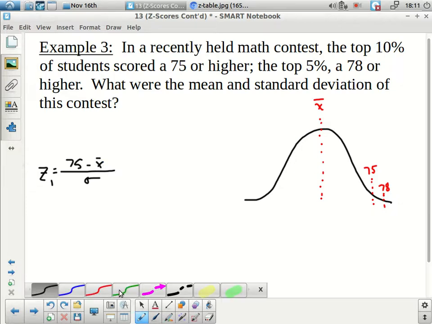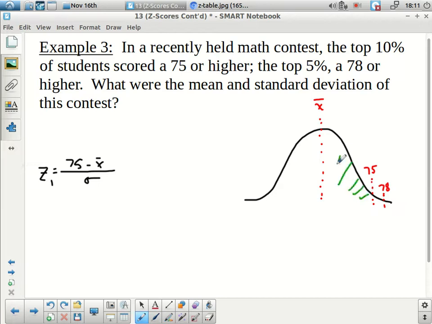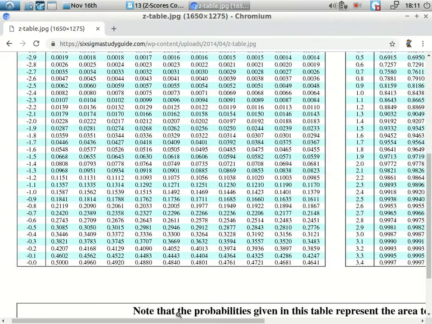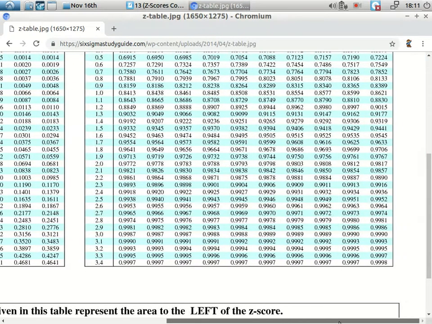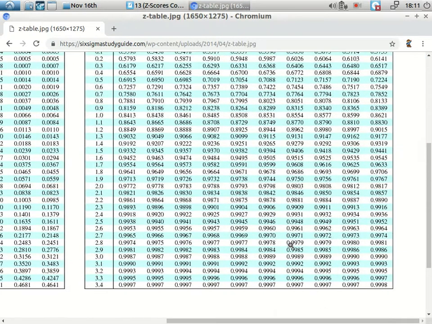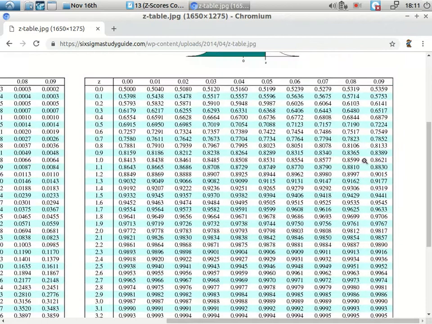As you might recall from the other day, the top 10% is equivalent to being right above the bottom 90%. So I need to go into my Z-score table and find the closest possible thing to 90%. It looks like right here, 0.8997 is only 0.0003 off from that.